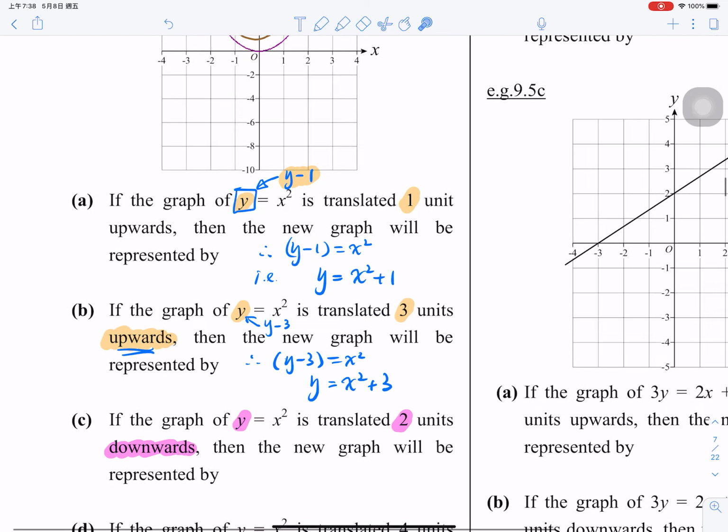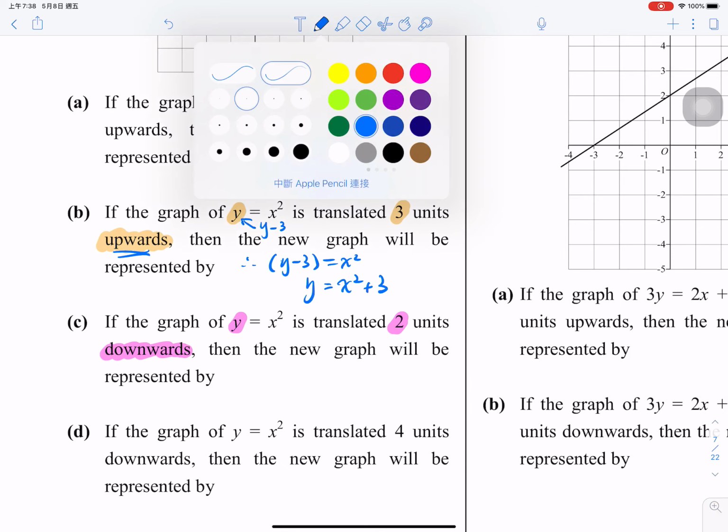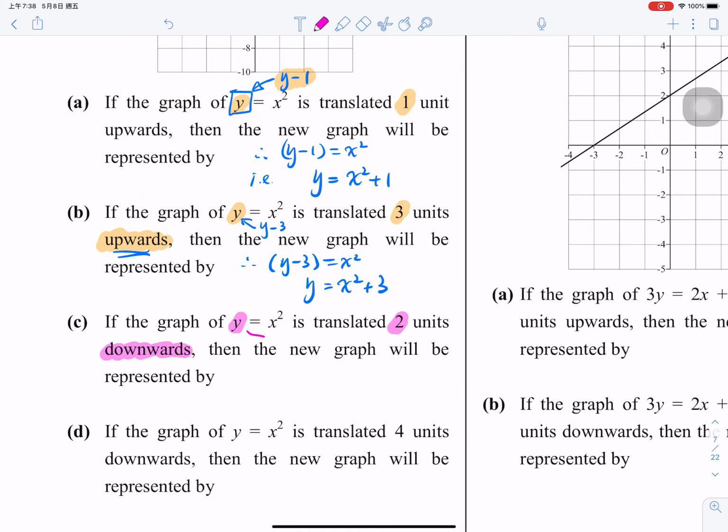Downward, that means it affects y. So what should we do for y? Here this time we substitute y plus 2 into the y. Therefore, y plus 2 equals x squared.